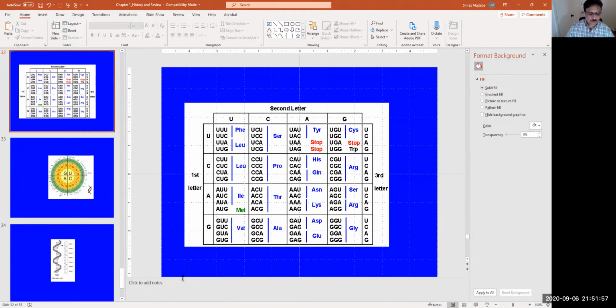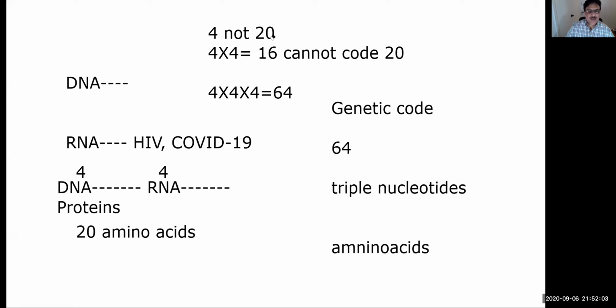So let's go back. What do I mean? I mentioned that DNA can be transcribed into RNA, and RNA can be translated into proteins. Let's say this is the DNA molecule, a double helix. This DNA molecule gives rise to an mRNA molecule.